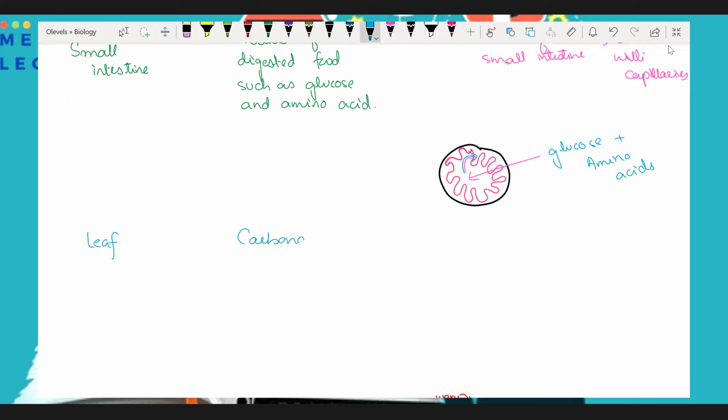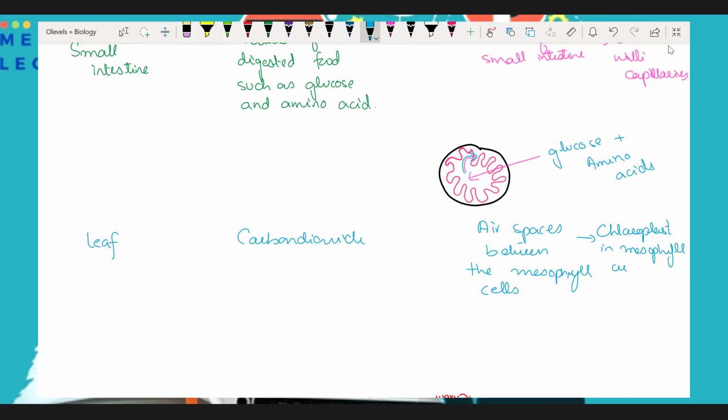We know that carbon dioxide has to move from the air spaces between the mesophyll cells to the chloroplasts in mesophyll or palisade cells, for what? For photosynthesis.